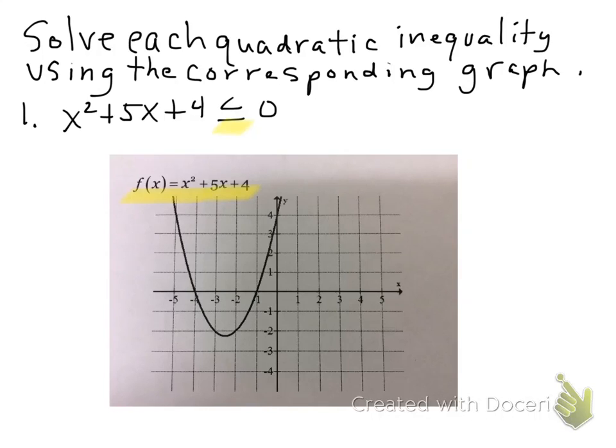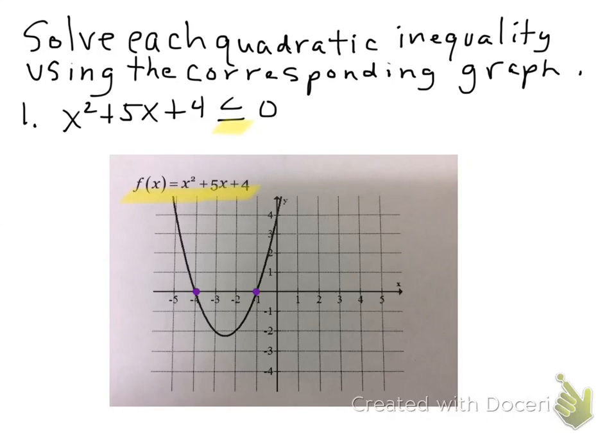That'll be part of our solution, and so we want to include the points where the function crosses the x-axis, because that is where the function, x squared plus 5x plus 4, has a value equal to 0. So when x is negative 1 or negative 4, x squared plus 5x plus 4 equals 0, which is part of our solution.